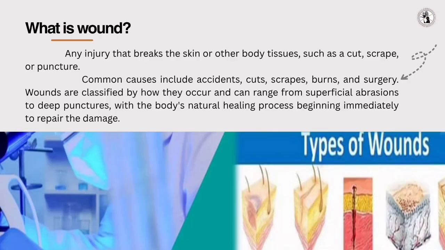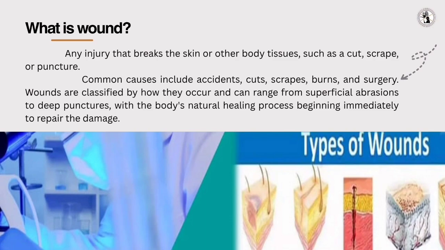Now let's see what a wound is. A wound is any injury that breaks the skin or other body tissues, such as a cut, scrape or puncture. Basically, a wound is a type of injury caused to our body through any type of instrument.